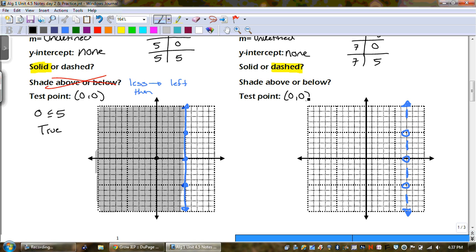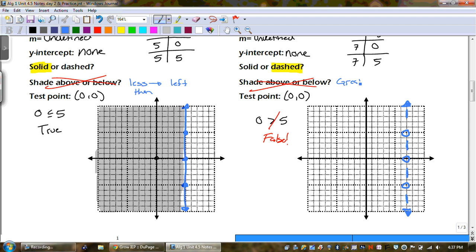Okay, now, where am I shading? Let's plug in our test point. Is 0 greater than 5? No, that's false. Okay, so 0 cannot be in my answer. So I can't shade to the left. I have to shade to the right. I can't shade above or below.